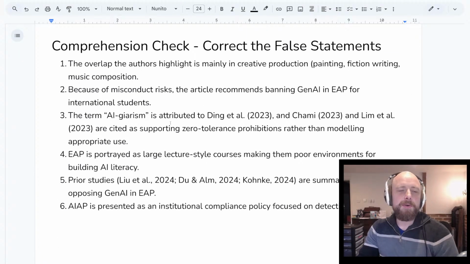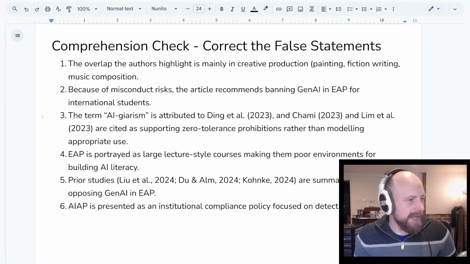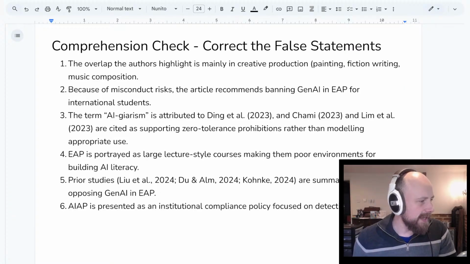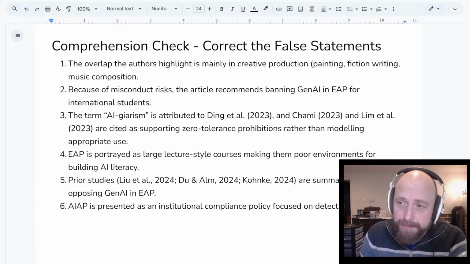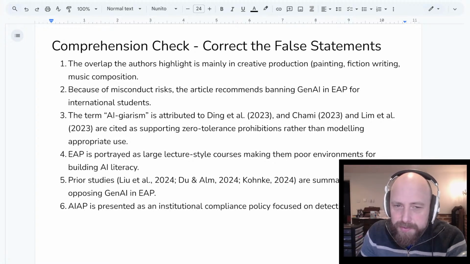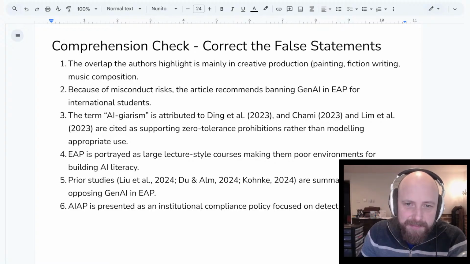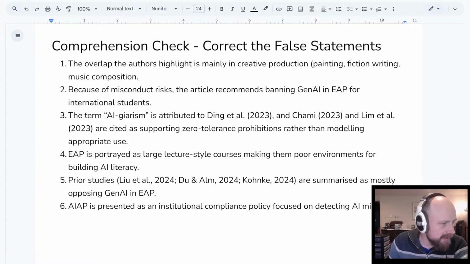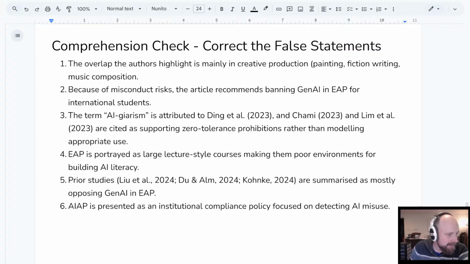All right, so that is the end of our reading section for today. Now I have on the screen some false statements about the article. I want you to correct the false statements. This is a little comprehension test for the article. It's also a memory test because you might not actually remember everything.